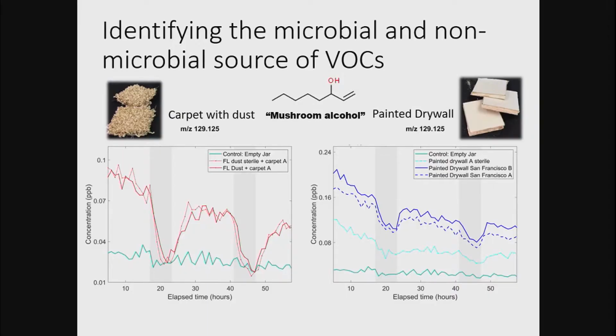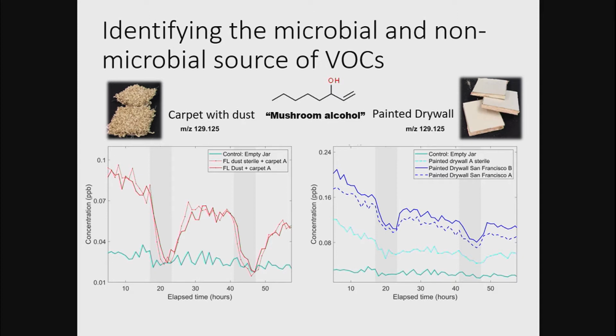So another compound is a C8 unsaturated alcohol that's commonly called the mushroom alcohol because it's produced by a lot of fungi. And in both carpet and drywall, in the case of carpet, it drops to background when the relative humidity drops and increases when the relative humidity increases.